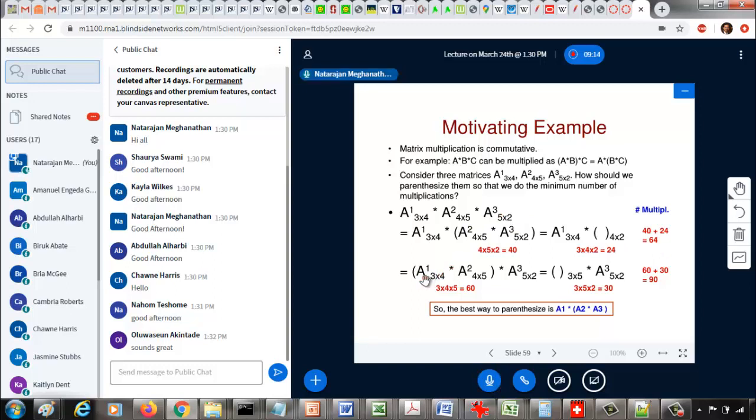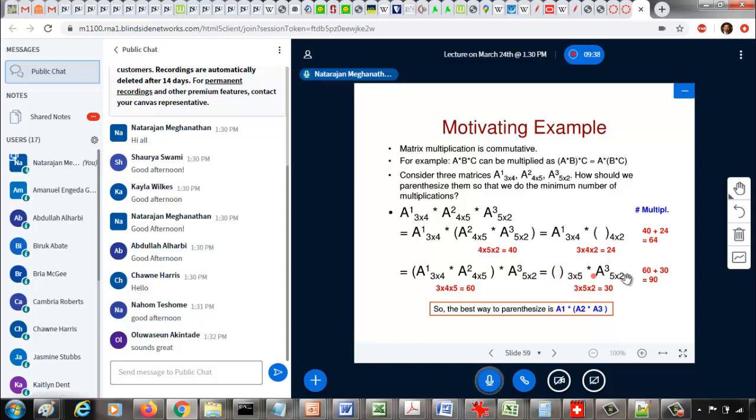Now what if you multiply A1, A2 first? You have 3 times a common dimension 4 times 5, that is 60 multiplications to get this intermediate product of A1 and A2. And what's the dimension of this intermediate product? It's going to be a 3 by 5 matrix. Then multiply that result with A3.